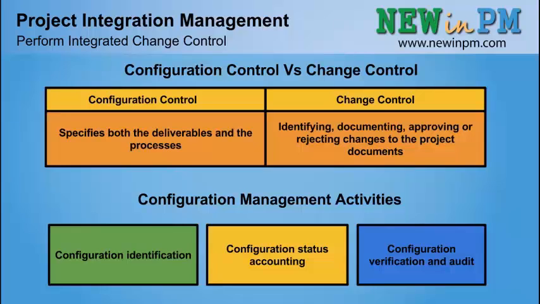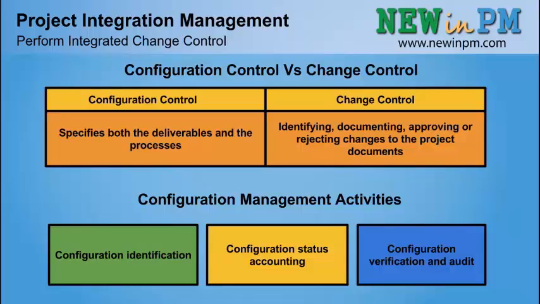So what are the activities involved in configuration management? The first one, configuration identification. The configuration identification process identifies and selects a configuration item and records its functional and physical characteristics in the technical documentation.